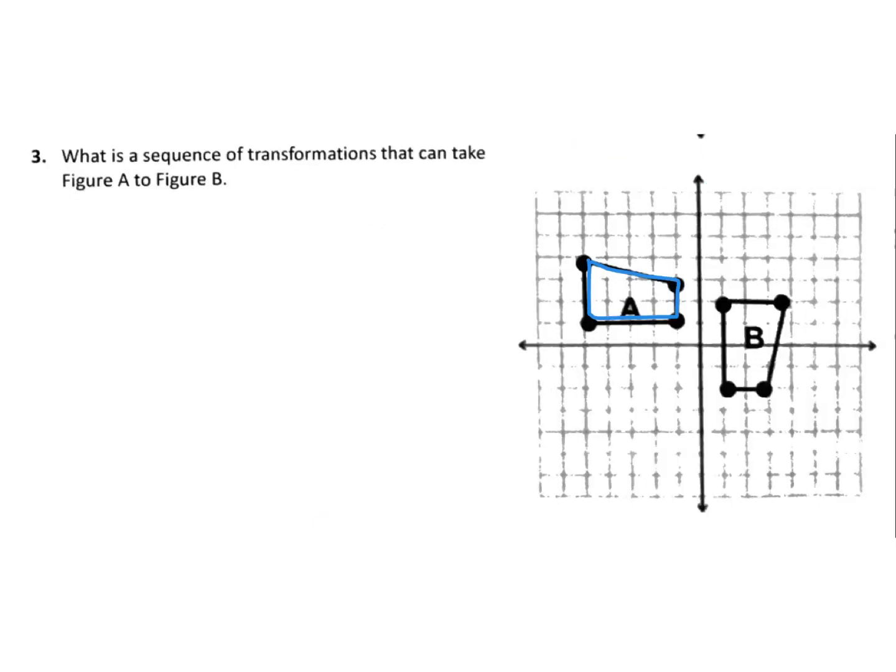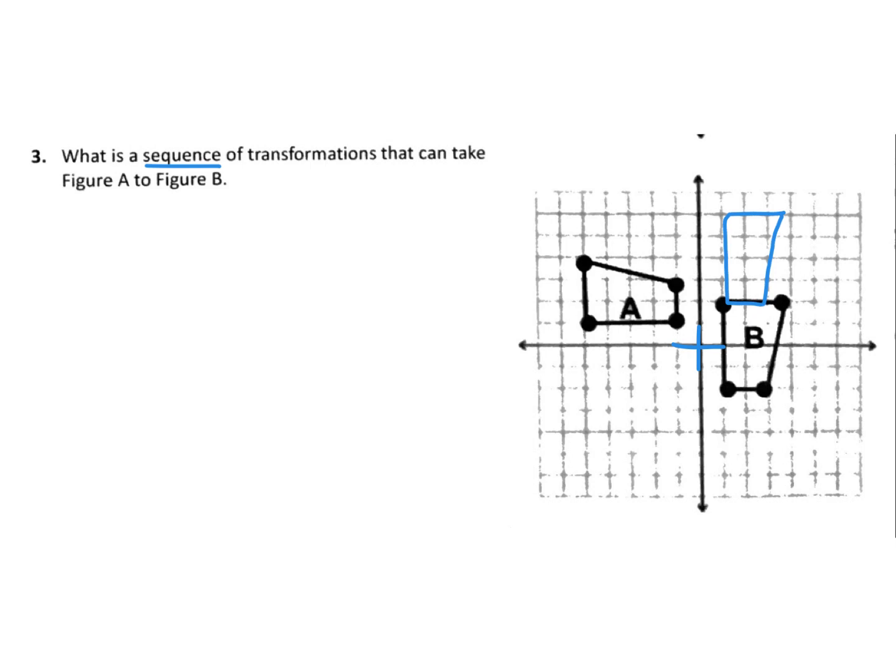Question 3, what is a sequence of transformations that can take figure A to B? Meaning more than one of the transformations is occurring. So let's take a look. It looks as if there is a kind of a turn or a rotation to this. If I were to rotate this, remember to always keep in mind your origin as you're rotating. It would rotate up to here.